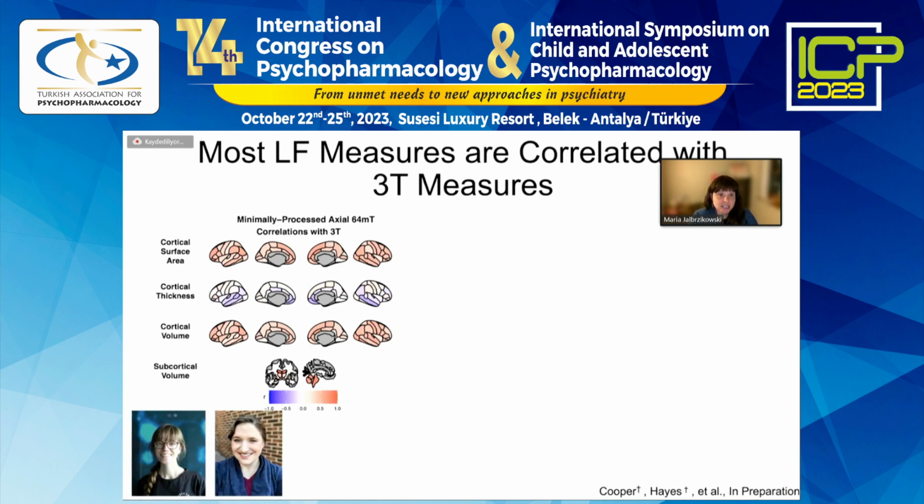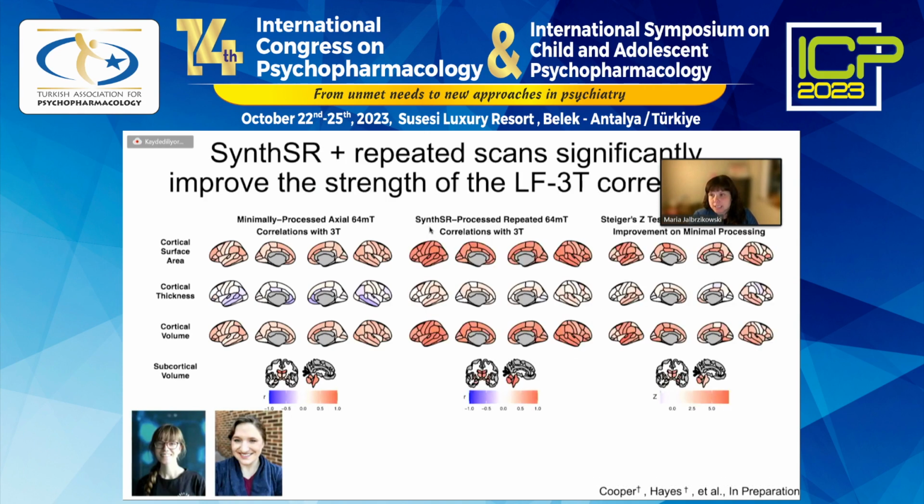Now, what's fascinating is that when you apply SynthSR to the low field measures, you can significantly improve the correspondence between the low field measures and the 3T measures. As you can see, the red is getting stronger here for the correlations. We then use statistical z-tests to compare, well, is this method better than this method? Are the correlations obtained in this method stronger than the correlations obtained in that method?